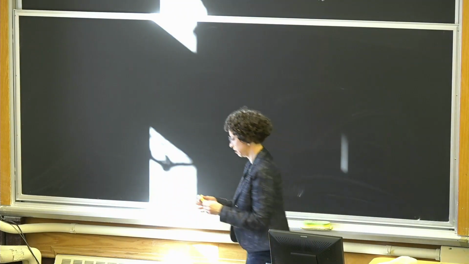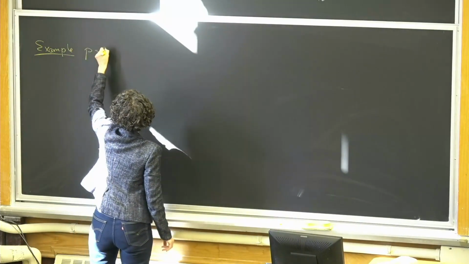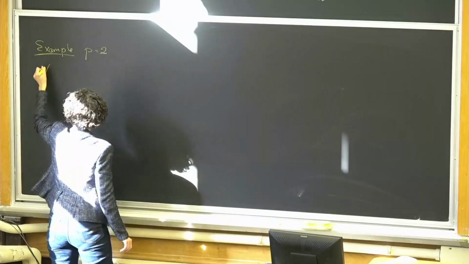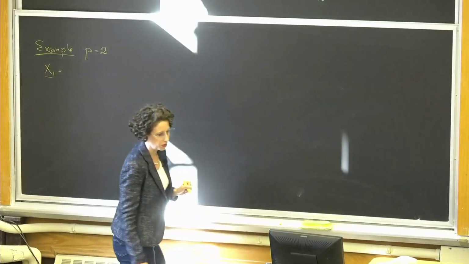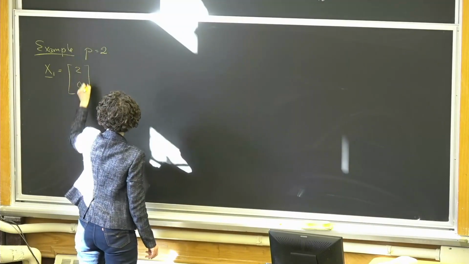Okay, so let's look at an even more concrete example. And here, p is equal to 2, so we just have two-dimensional vectors. x1 is going to be the vector (2, 0).